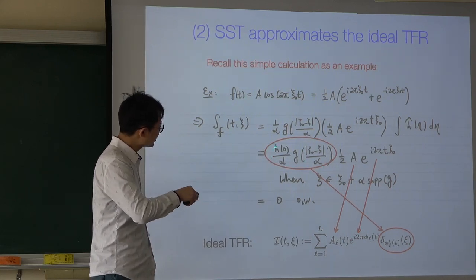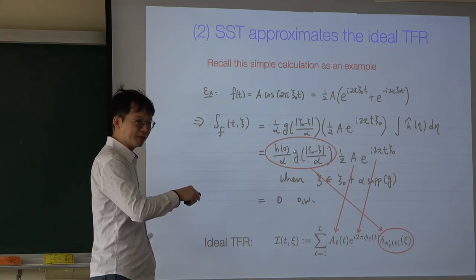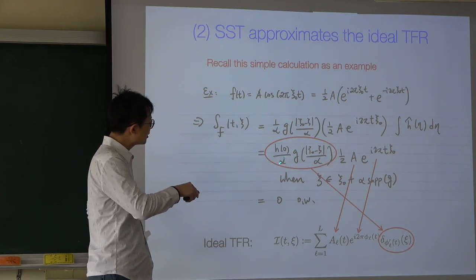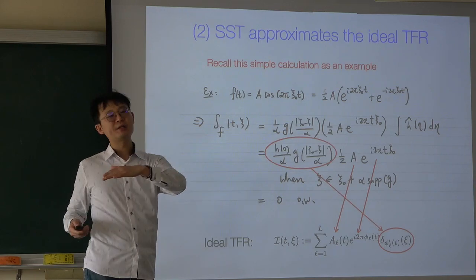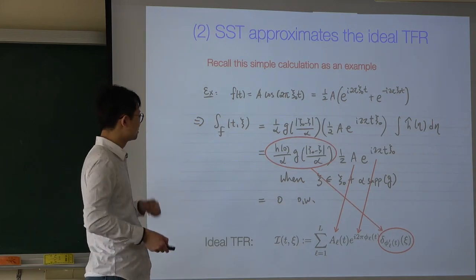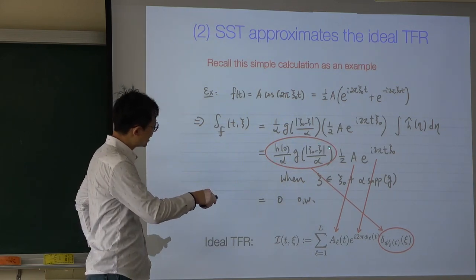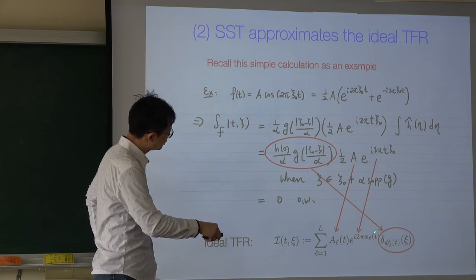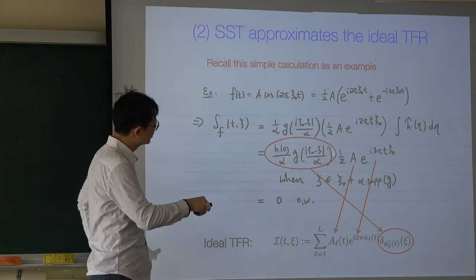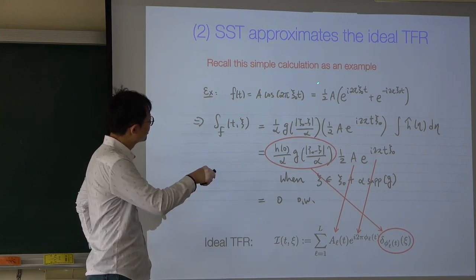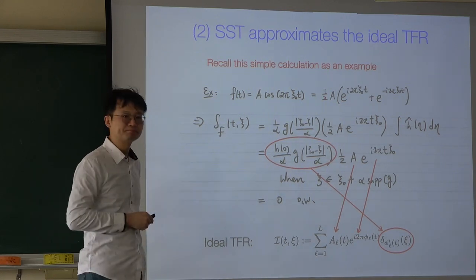And then this guy, remember g is an L1 function, so that 1 over alpha g of t over alpha will converge in distribution to delta at 0. So this guy will converge to a delta distribution centered at the instantaneous frequency. And there is the 1/2, which comes from the real form of the signal.